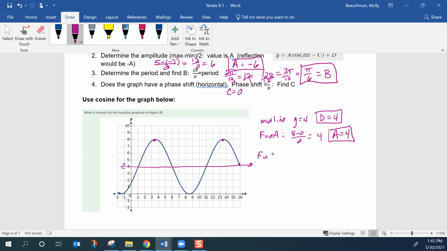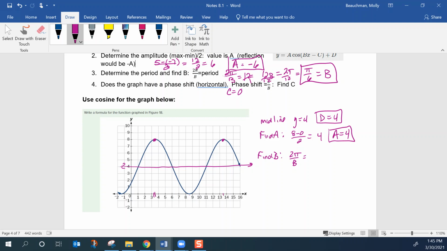Then we find b using the period, knowing that 2 pi over b is equal to the period. If we take our starting value to our ending value, it looks like we're starting at 3.5 and ending at 13.5.